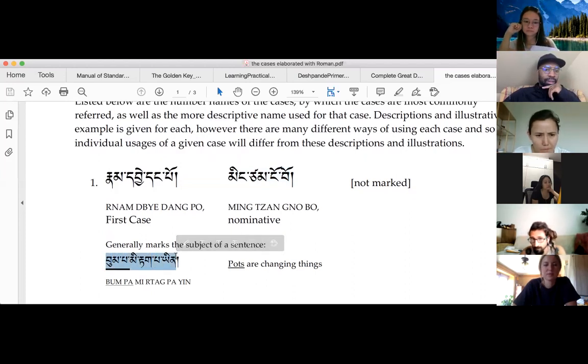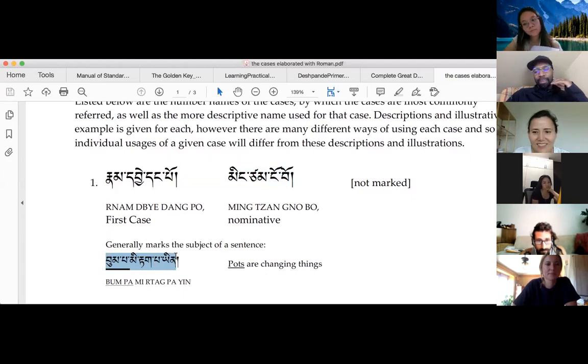Okay, Hasso, what's a bumpa? It's the water pitcher, but now we say coffee cup. Why are we always talking about water pitchers and coffee cups? Because they use that word to say the most common thing you will always have around.